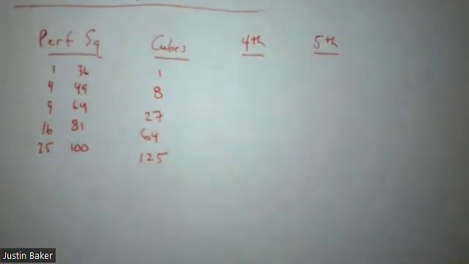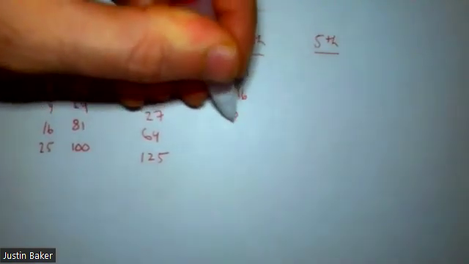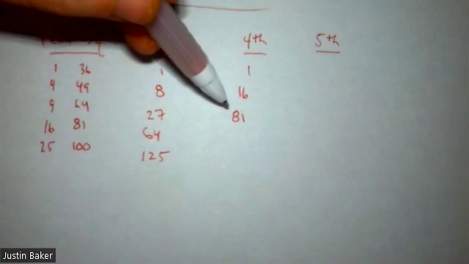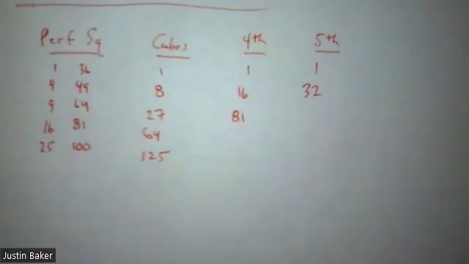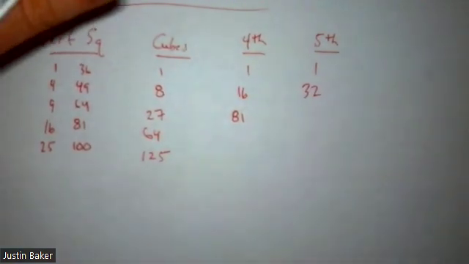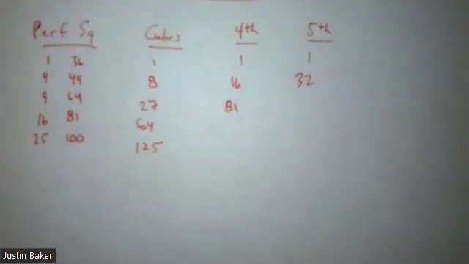For a fourth root, same idea: 1, 16, 81, that's 3 times 3 times 3 times 3. Fifth roots: 1, 32. Again, you want to get as comfortable and familiar with this list of numbers as you can. They're going to pop up a lot.